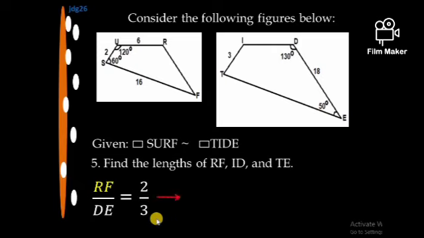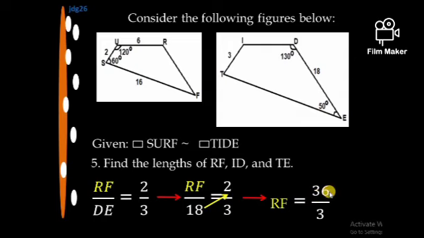Next step, substitute the value or the measure of DE. DE is 18. Then, let us use cross multiplication. 18 times 2 is equals to 36 over 3. 36 divided by 3 is equals to 12. Therefore, RF is equals to 12.